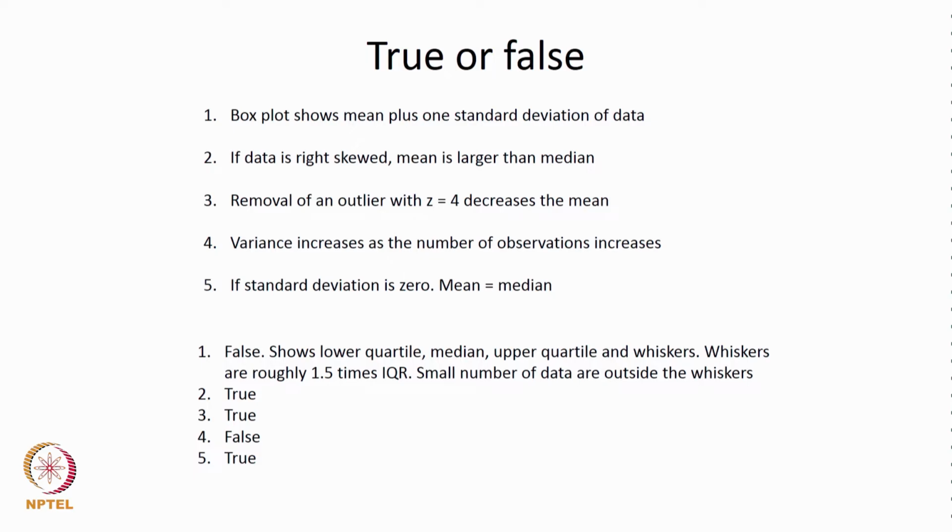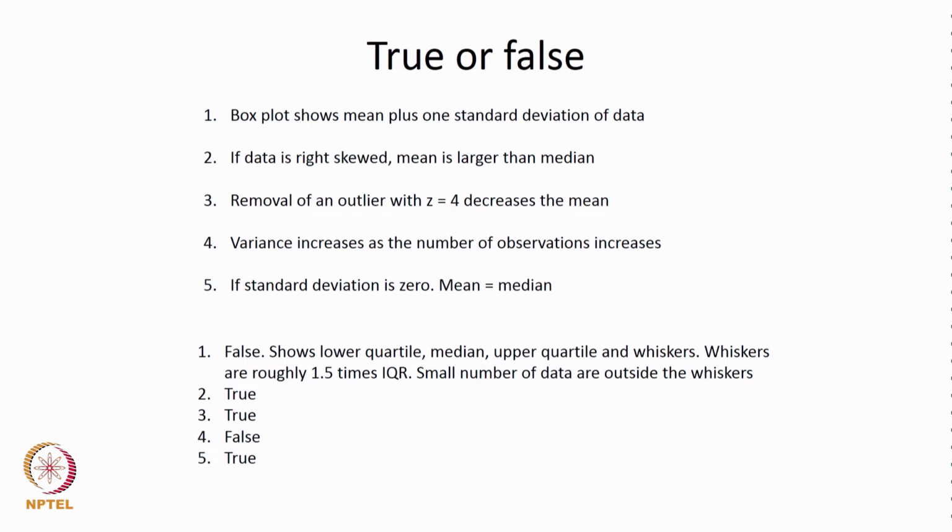We also saw the range in the box plot, which is the interquartile range, and the box plot does not talk about the mean, therefore, it cannot discuss standard deviation, and therefore, the answer is false. It only shows the lower quartile, median, upper quartile, and whiskers.